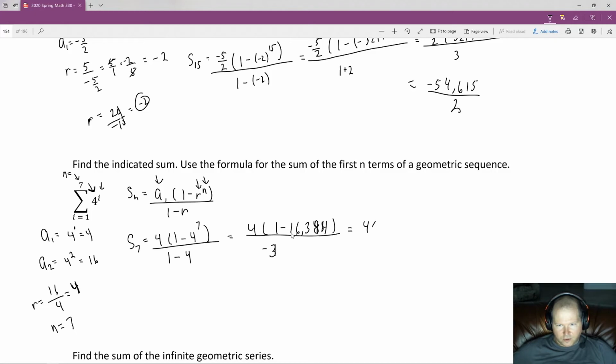Okay, so 1 minus that is going to be negative 16,383 all over negative 3, which gives us positive 21,844.